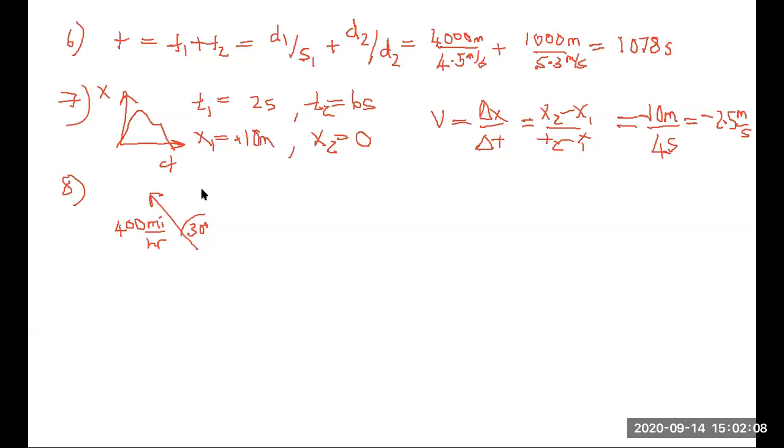So we can also describe that velocity vector in terms of the y component and the x component. And so we're asked to figure this component here. I just used a little bit of trigonometry to figure that out.